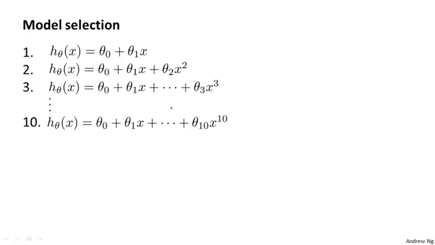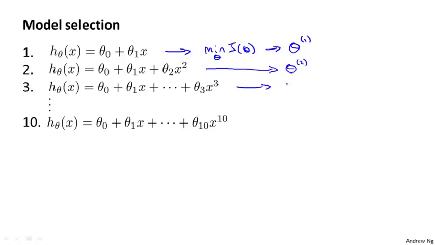Concretely, we're going to first take our first hypothesis, take this first model, and minimize the cost function, and this will give me some parameter vector theta superscript 1 for the linear model. We do the same thing for the quadratic model, get some parameter vector theta 2, theta 3, and so on down to, say, the 10th order polynomial.